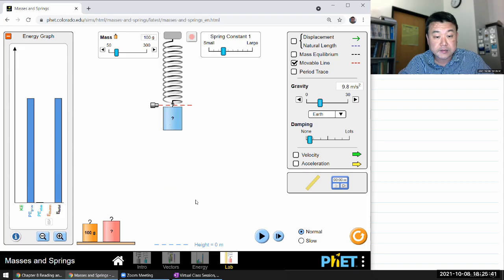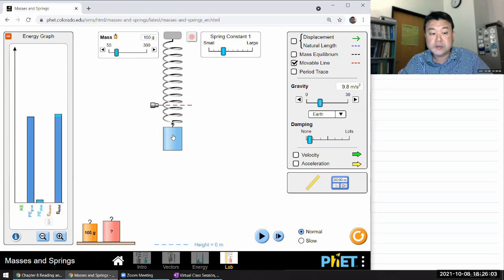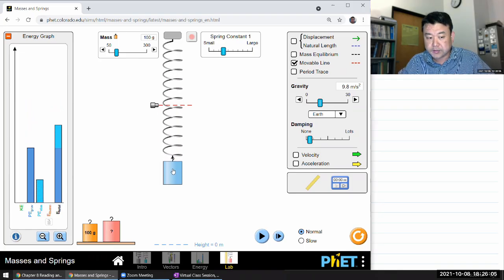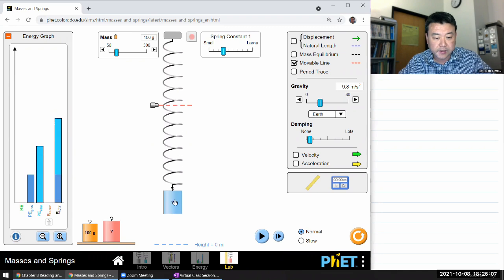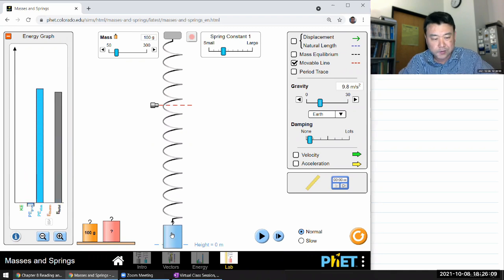When this is at this height, I pause the simulation, it's showing this mass has this much gravitational potential energy. And at this position, it has 0 spring potential energy because the spring is at its equilibrium length. And as this mass moves downward, its gravitational energy decreases. In fact, it decreases linearly until it's at height 0, and then it goes negative.